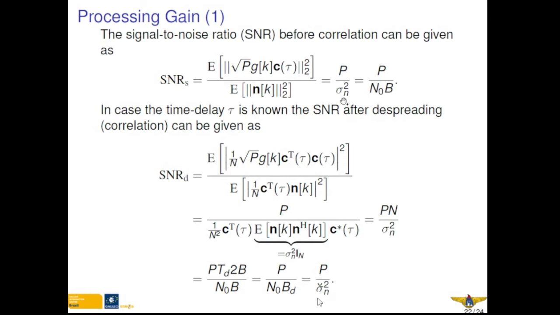Then we have P over sigma_n squared, and we can rewrite this: the noise power is N0 times B in our case, so P over N0 times B.